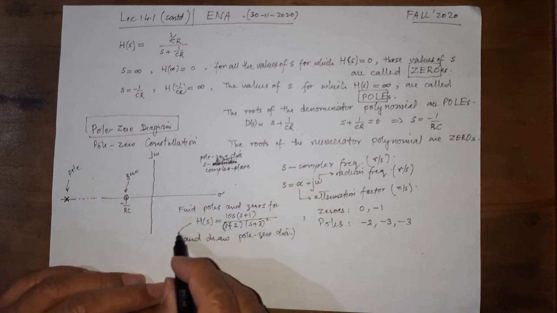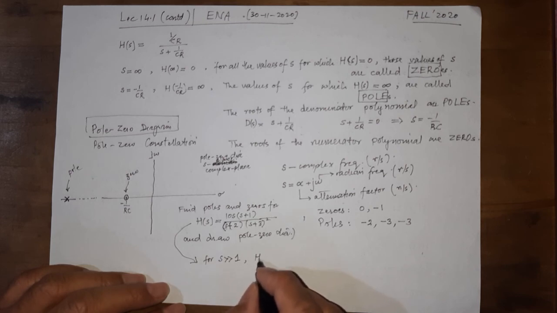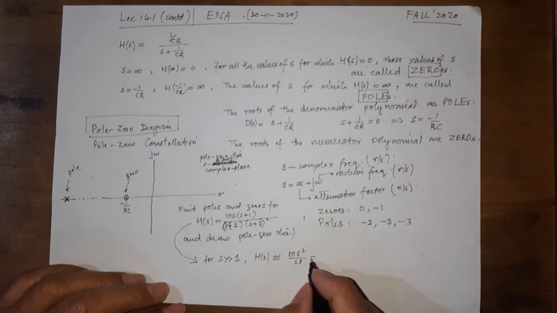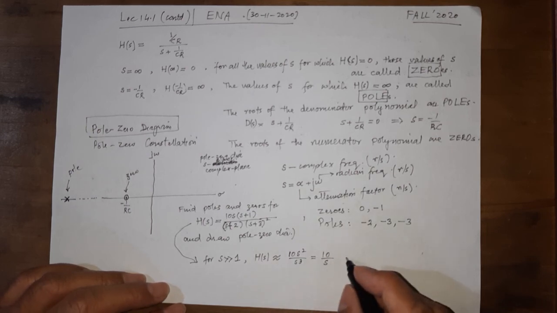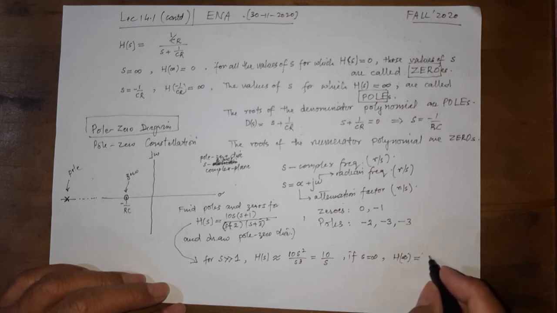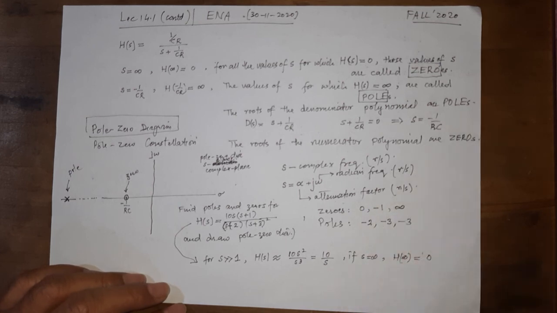So for s much greater than unity, we get h of s roughly equal to 10 s square over s cube, which is equal to 10 over s. If s is equal to infinity, we get h of s equal to 0. So it means we have a 0 at infinity as well. We don't have a pole at s equal to infinity.